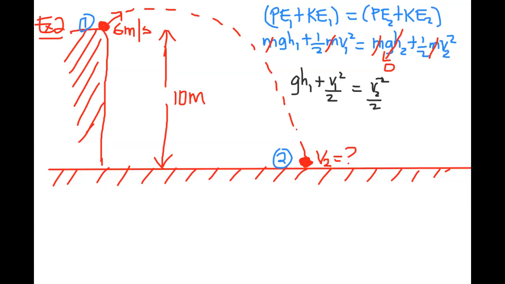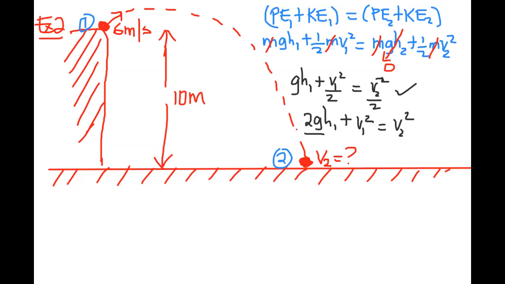If I multiply by 2 both sides of this equation, I'll end up with twice gh1 plus v1 squared equal to v2 squared, because the 2 there will cancel.